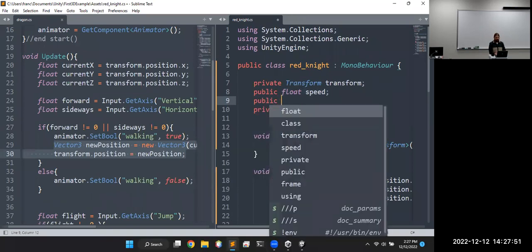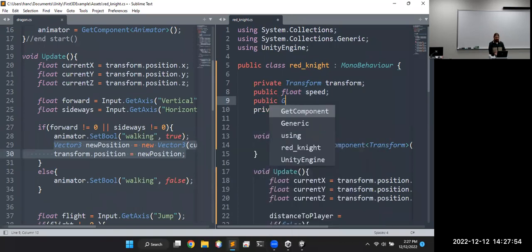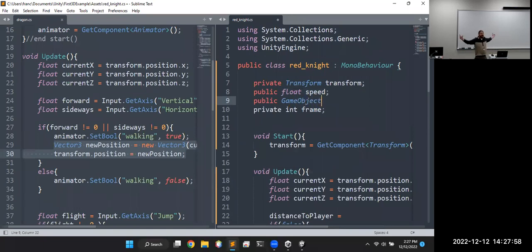So, public, and I'm just going to go with GameObject data. And then we can just assign it to that dragon game object and then pull the transform out of that to get to the position. I'll call it dragon. That way we can know where it is.